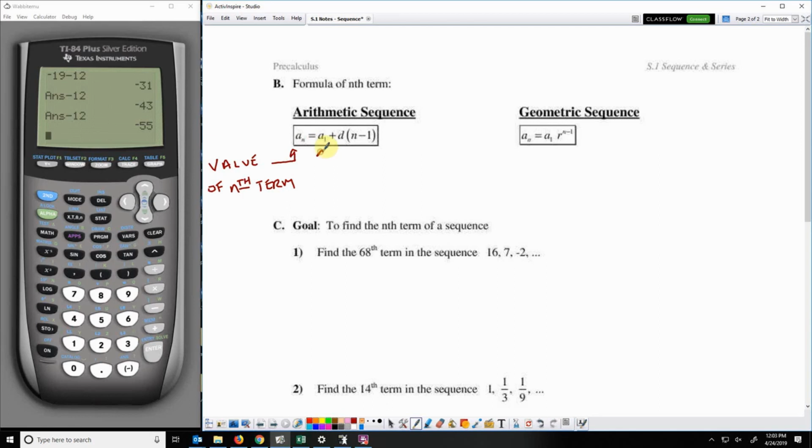A sub 1 is the first term. D is the common difference. N is the position of the term.